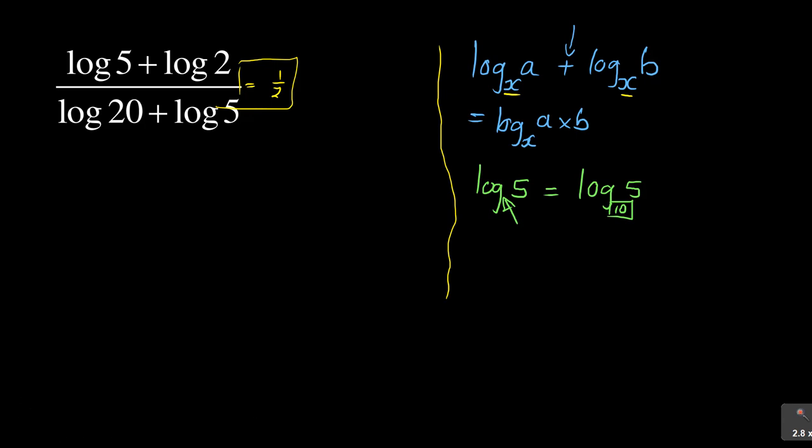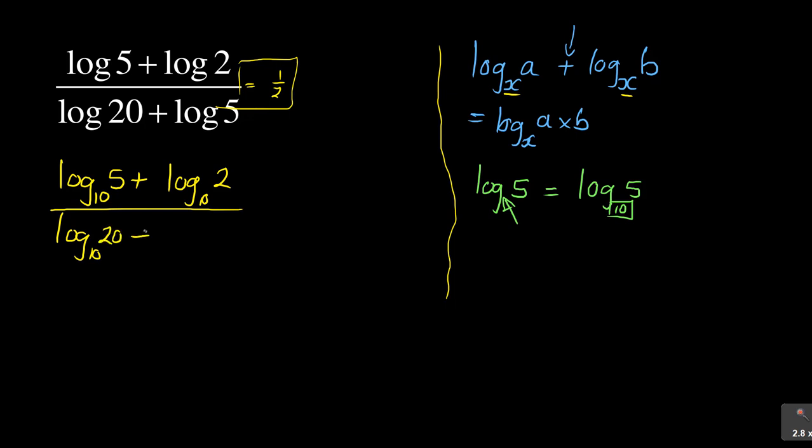So we can rewrite this whole thing as log base 10 of 5 plus log base 10 of 2, over log base 10 of 20 plus log base 10 of 5, if you include the bases.